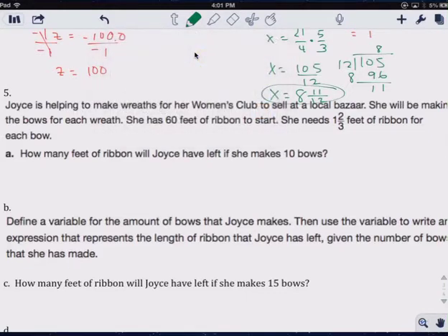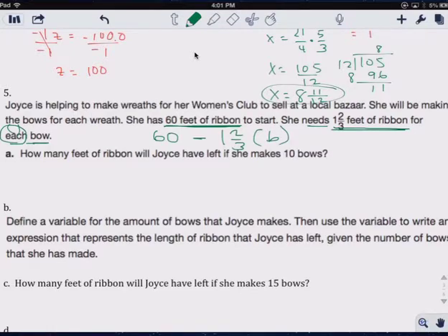So let's annotate. She has 60 feet of ribbon to start, okay? She's going to need 1 and 2/3 feet of ribbon for each bow, which means times here, bow. So she's going to use up the ribbon. She has 60 feet, because she's going to use it. So it's 60 minus 1 and 2/3 for each bow times the number of bows she's making.